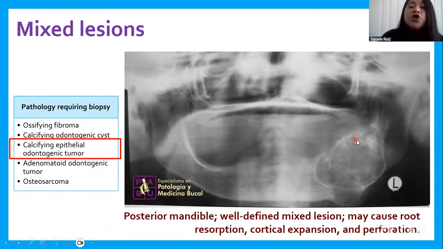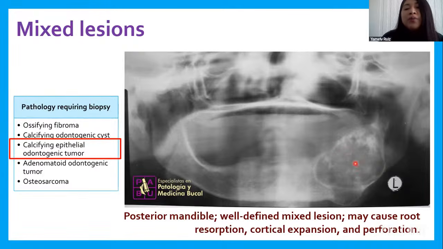The localization of this tumor, most of the time, is the posterior area of the mandible, in the body or part of the ascending area of the jaw, and it has well-defined borders, but a mixed density.